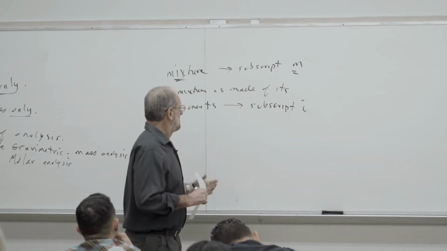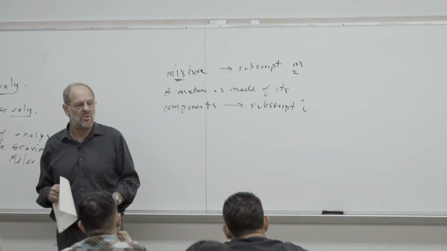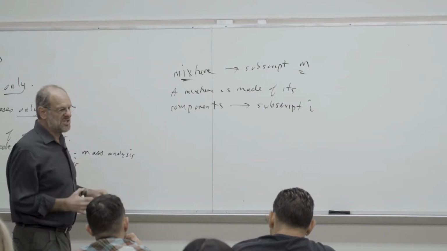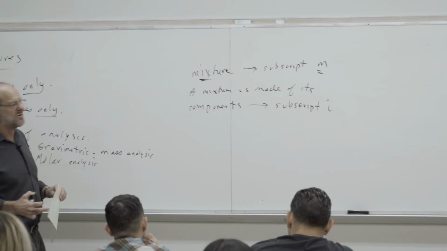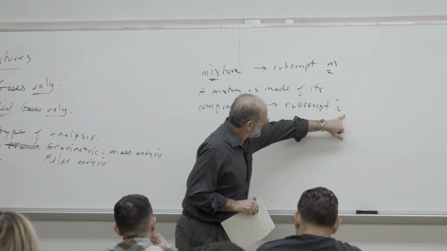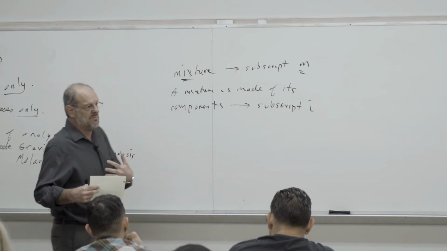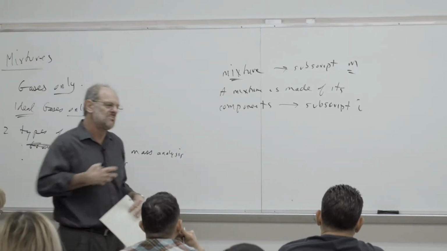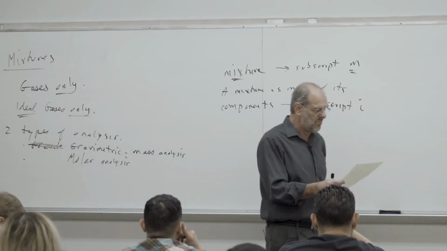So if it's water, we'll use the subscript H2O. If it's refrigerant, we'll use R134A. If it's oxygen, we'll use O2 or whatever. So when I'm generating the equations, I'm just going to put them in terms of some individual component I. But again, when you're doing real problems, you use the chemical symbol that's appropriate.